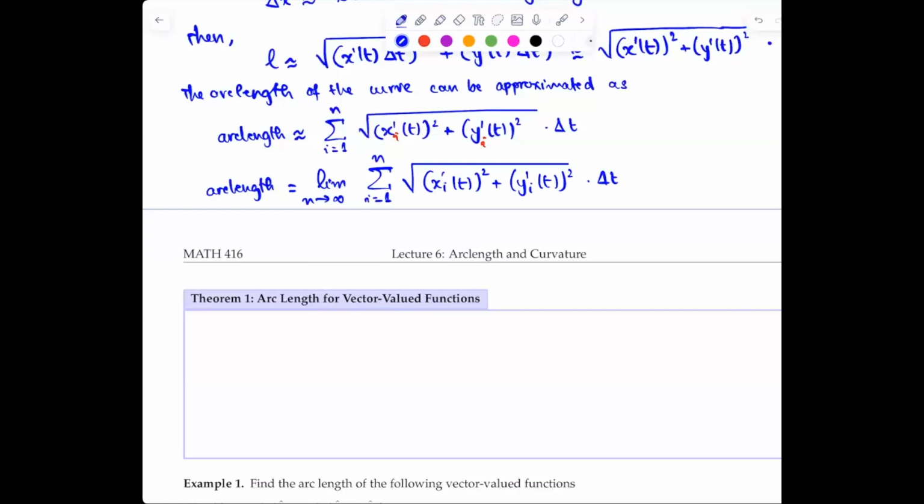And if you notice, the arc length now has the equal sign, so arc length is equal to, instead of the approximation.